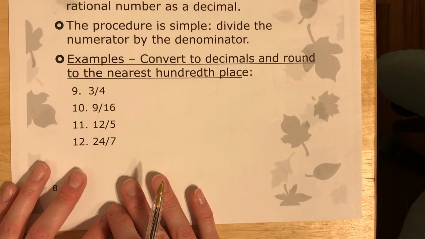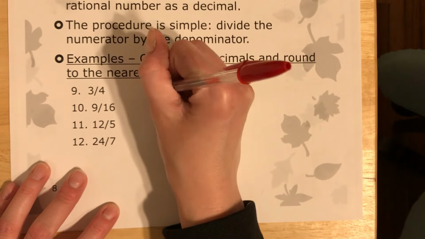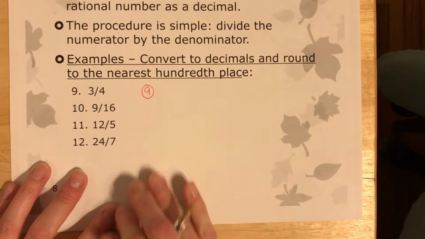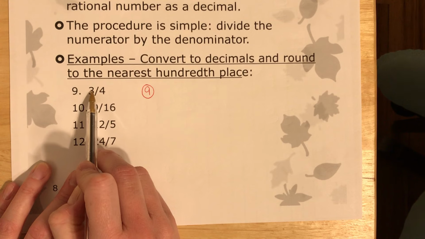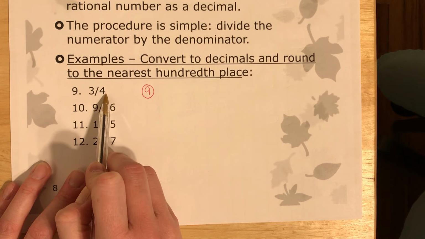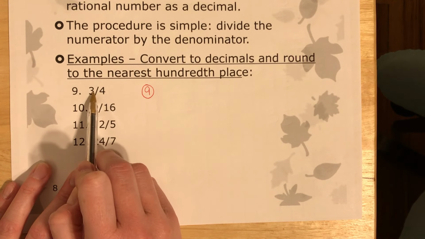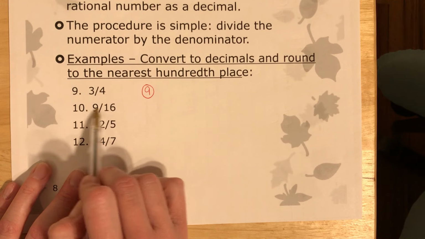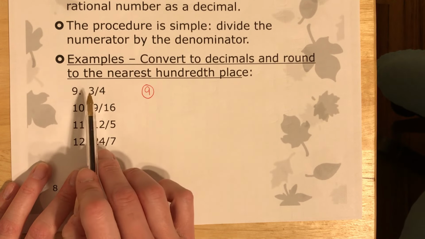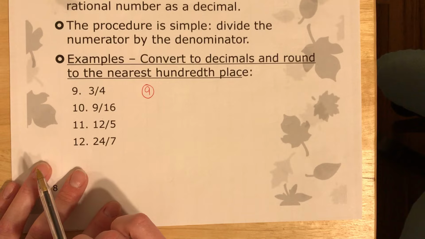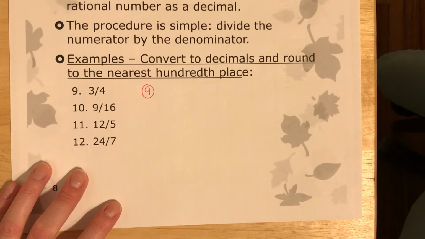So I'm going to go over these 4 examples. At number 9, again, think of this as a divided by b, 3 divided by 4. Even though the first 2 are proper and the second 2 are improper, when I have proper fractions, it means my decimal value is going to be less than 1.